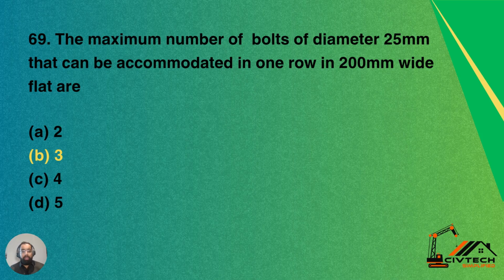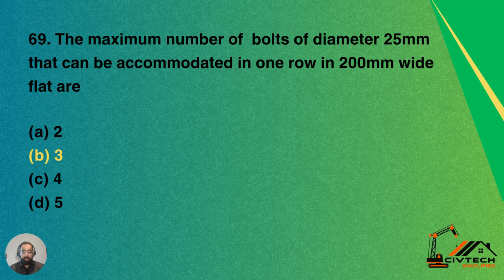Question 69. The maximum number of bolts of diameter 25 mm that can be accommodated in one row in a 200 mm wide plate.